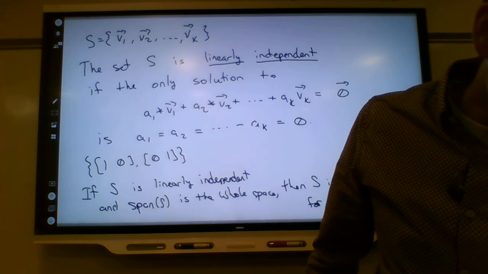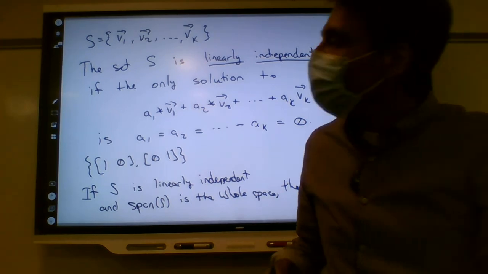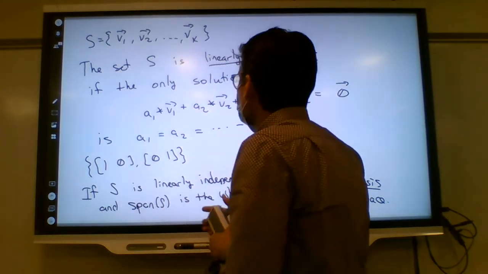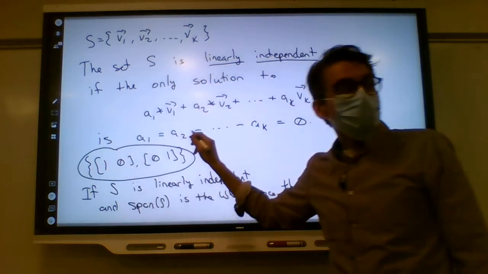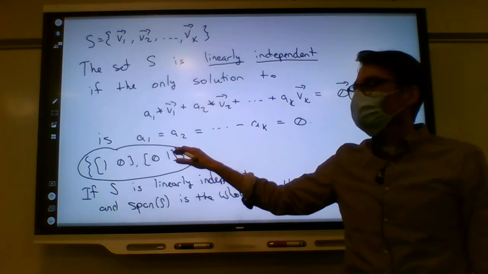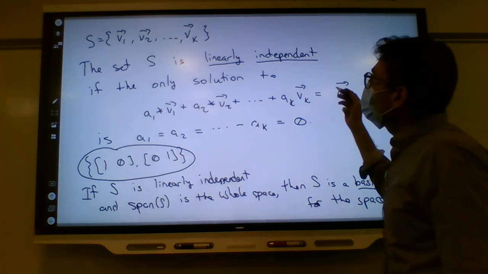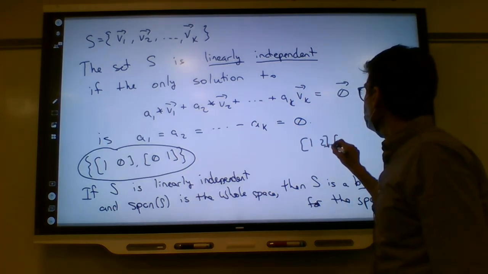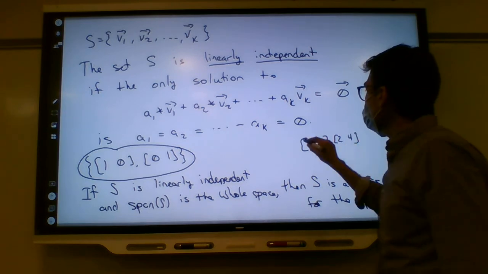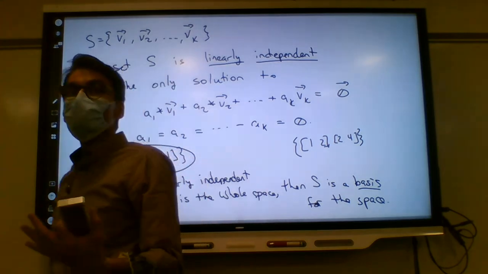And so when we look at this, it is a basis for two-dimensional space. This is called the standard basis. It's the normal way we think about it. The set 1, 2, 2, 4 is not a basis for two-dimensional space.